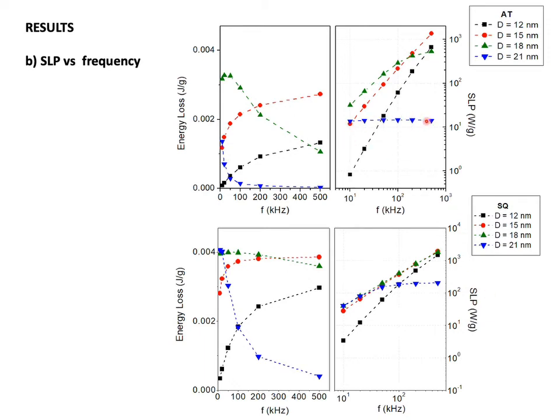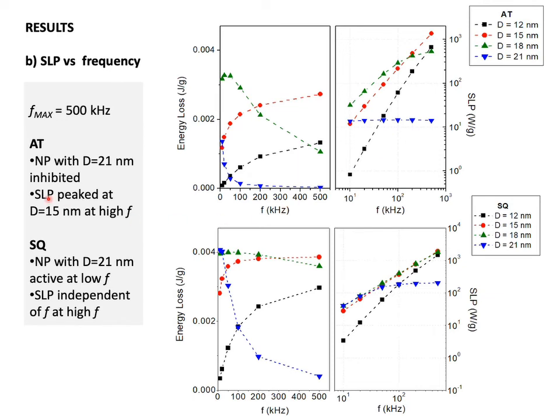In this case, for 21 nanometers, you can see no dependence on frequency at all. And the frequency at which we move the maximum, as you can see, copes with the biological limit, and we can experience very different behavior, as I told you.